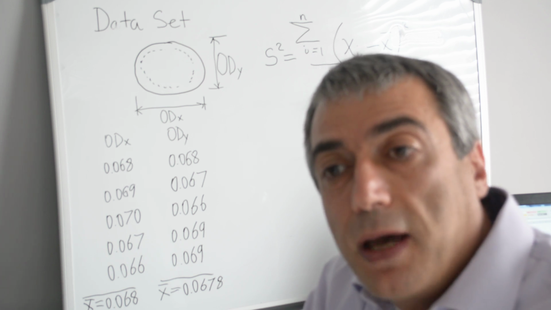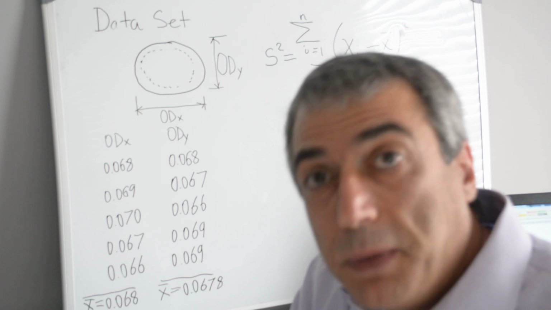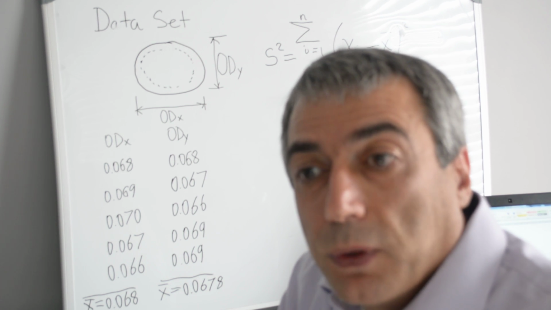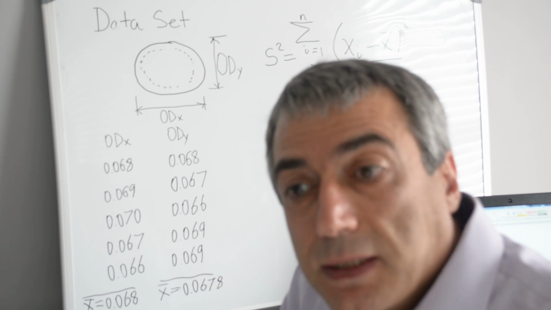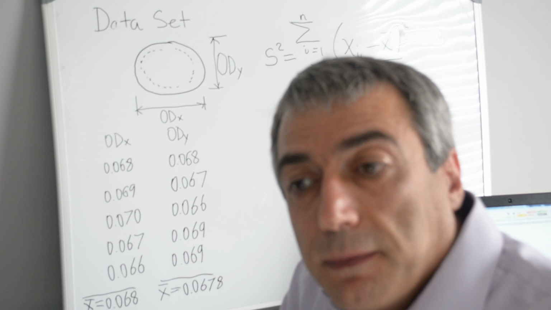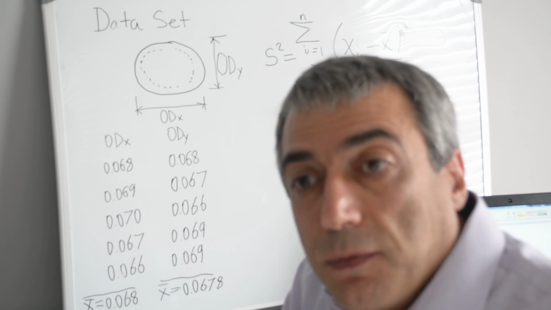If you have a situation when you take a sample from the larger population, which is the more realistic scenario, you have to divide by n minus 1 if you are calculating sample variance.